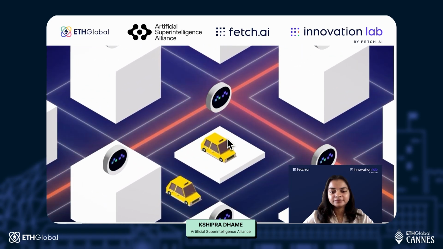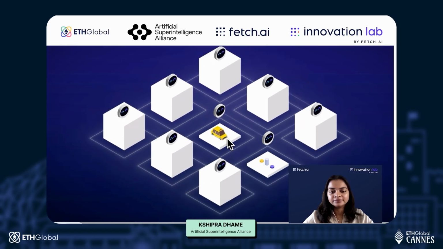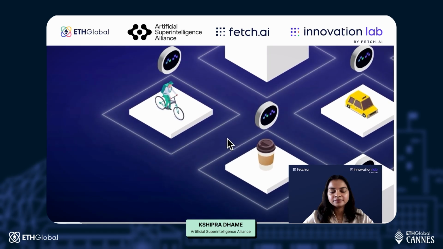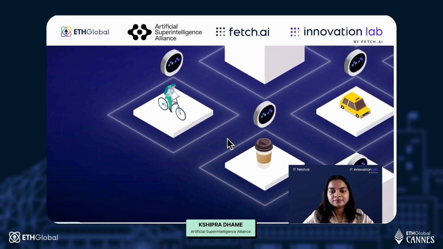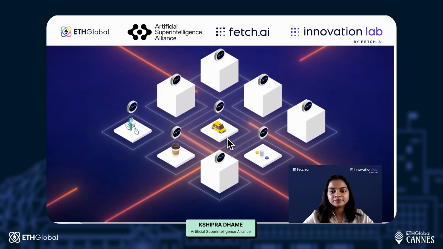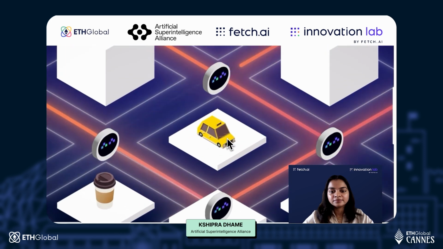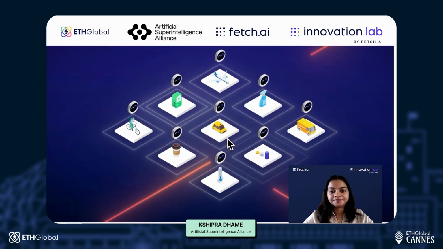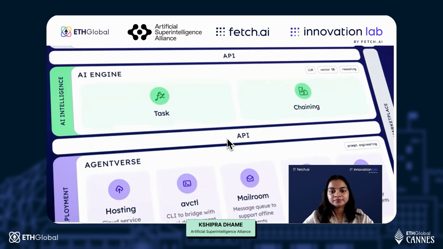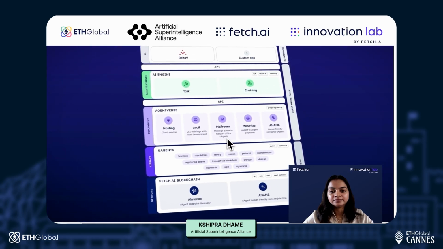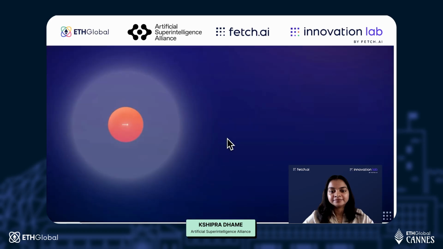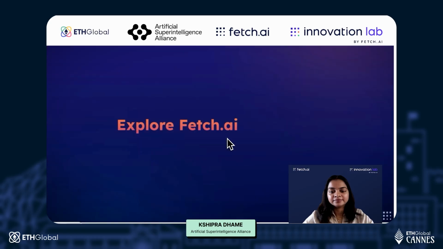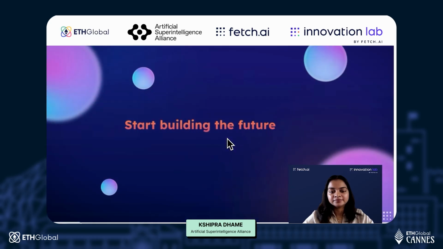AI agents handle independent specific tasks, like a bike service and a coffee shop, but they can team up to create complex solutions, like a coffee delivery service on bikes. This decentralization boosts reliability and flexibility, allowing agents to innovate without waiting for central approval. The possibilities are limitless. Fetch AI provides the entire tech stack you need to build your own workflows, and getting started is easy. You can be up and running quickly with Fetch AI's powerful developer tools. Explore Fetch AI Agent Tech and start building the future today.